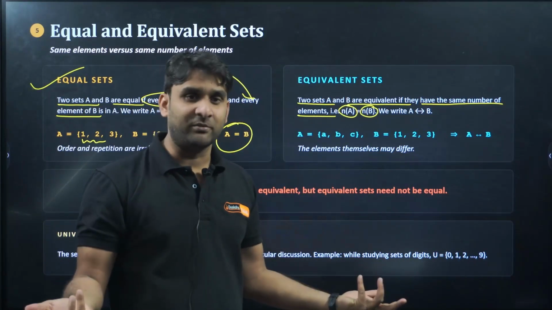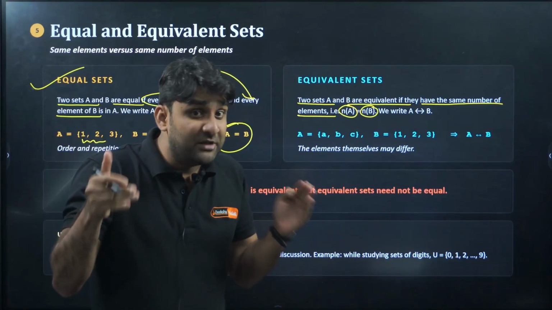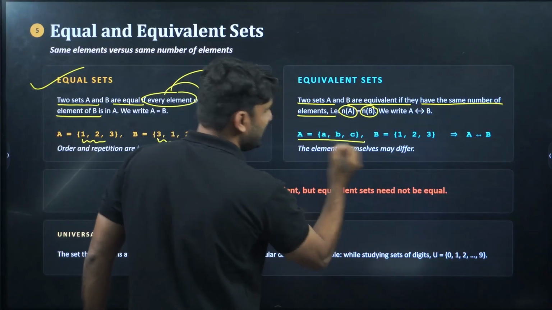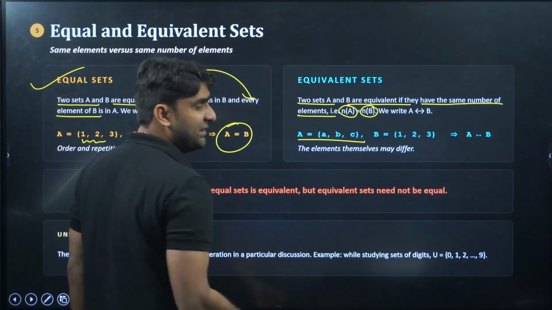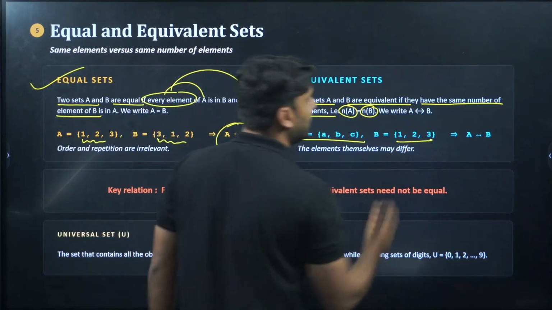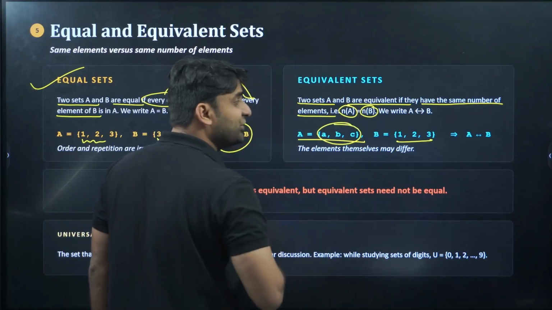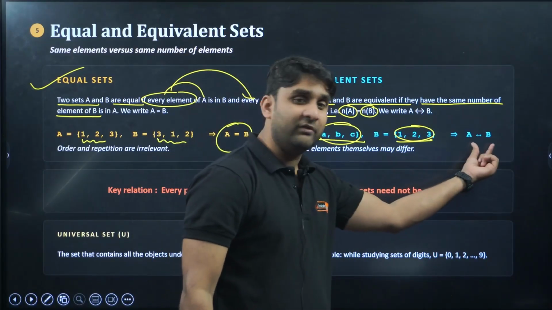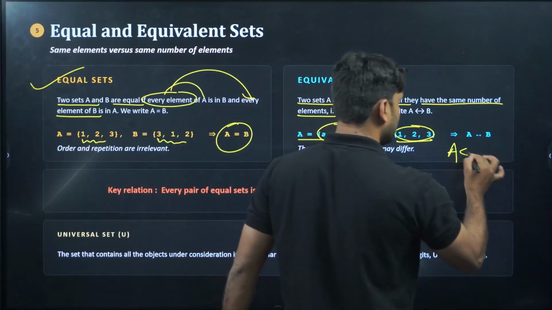They can be different, but the number of elements should be the same. Let's say A is {a, b, c} and B is {1, 2, 3}. How many elements? 3 elements each. Such sets are called equivalent, and we represent this with a sign.